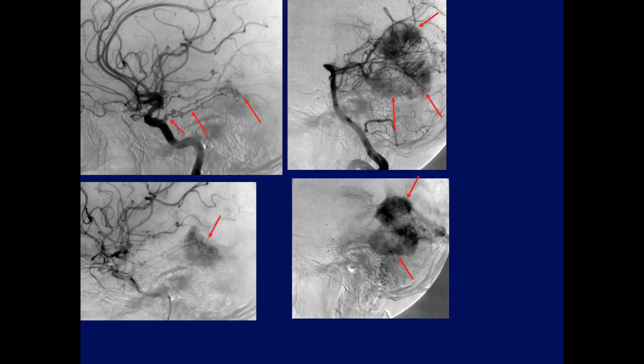And again, this is an old angiogram. Remember I talked about the dual supply when I was talking about convexity meningiomas, where the initial supply is from the external, and then the internal carotid takes over to supply the periphery of the enlarging tumor.